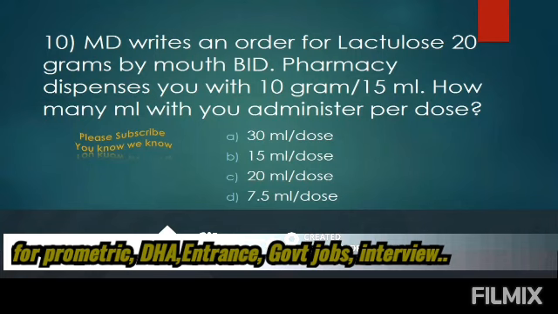Here, by following the basic drug dosage formula, it will be 20 grams, the doctor's order, divided by stock strength 10 grams, multiplied by 15 ml total volume. So you will be getting the answer. What's your answer? Whether you have got 30 ml, 15 ml, 20 ml or 7.5 ml.